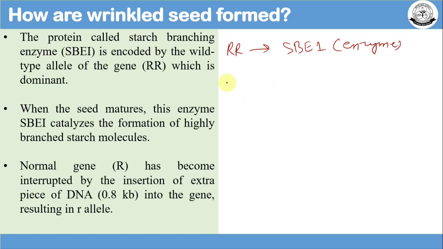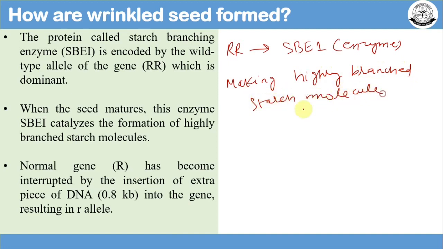This enzyme helps in making highly branched starch molecules. A lot of branched starch molecules are formed. When branched starch molecules form, they are not soluble in water, they are insoluble in water. So remember that insoluble in water, right?